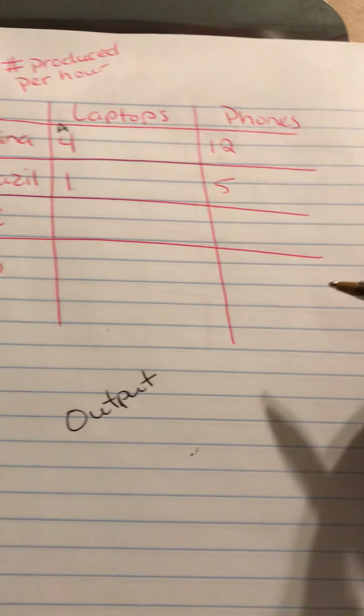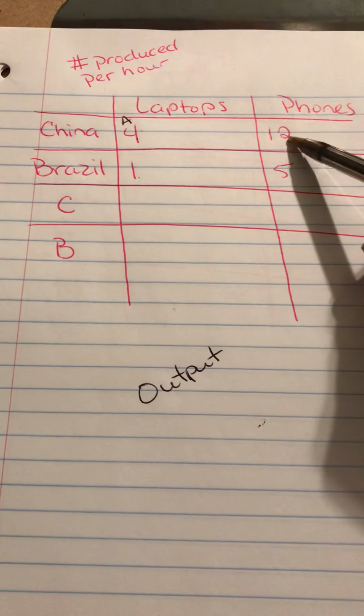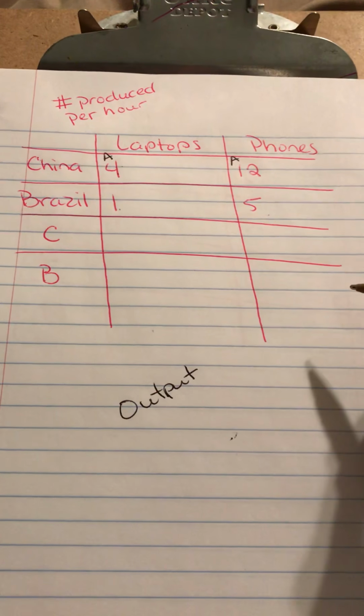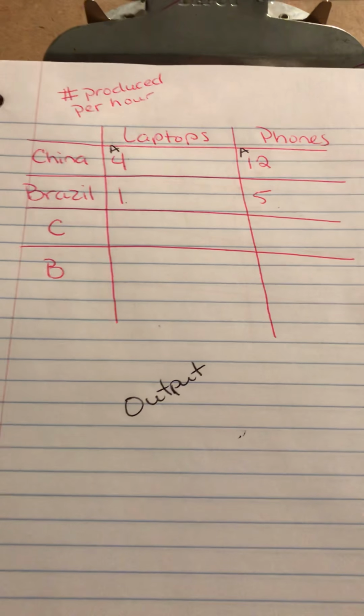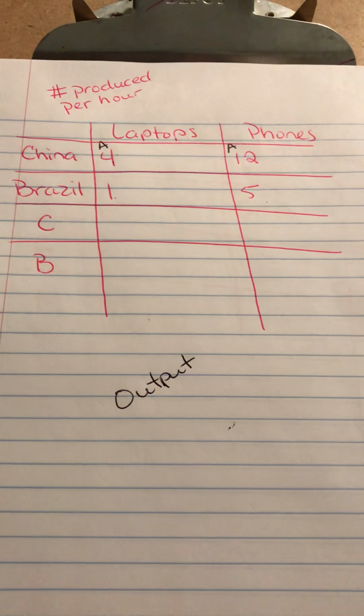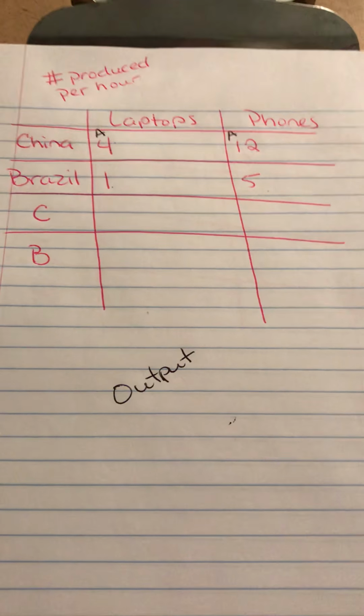And phones, China can produce 12 and Brazil can produce 5, so again China has absolute advantage in phones. Remember, yes, one country can have absolute advantage in both items, but they cannot have comparative advantage in both items, okay?